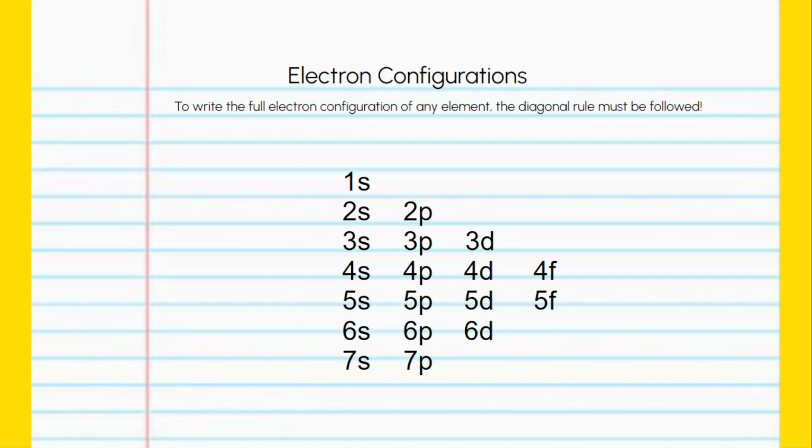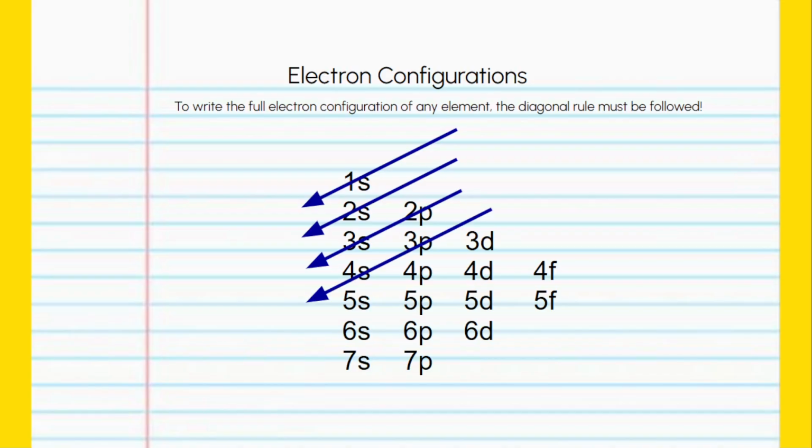For the diagonal rule, you're going to have to go through 1s first. After the 1s, we're going across 2s, and then after 2s, we're going into 2p and 3s, and after 2p and 3s, we're going through 3p and 4s. After that, we're going through 3d, 4p, 5s, and you get the hang of it.